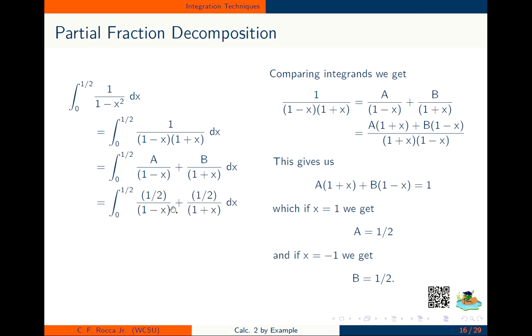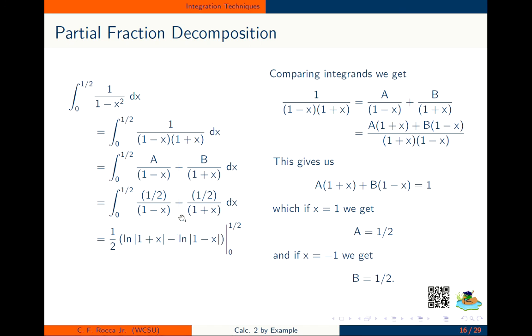Making the substitution, this gives me the integral from 0 to 1/2 of 1/2 over 1 minus x plus 1/2 over 1 plus x. Using techniques we've already learned and some basic integral rules, the antiderivative of that integrand will be the natural log of 1 plus x minus the natural log of 1 minus x.